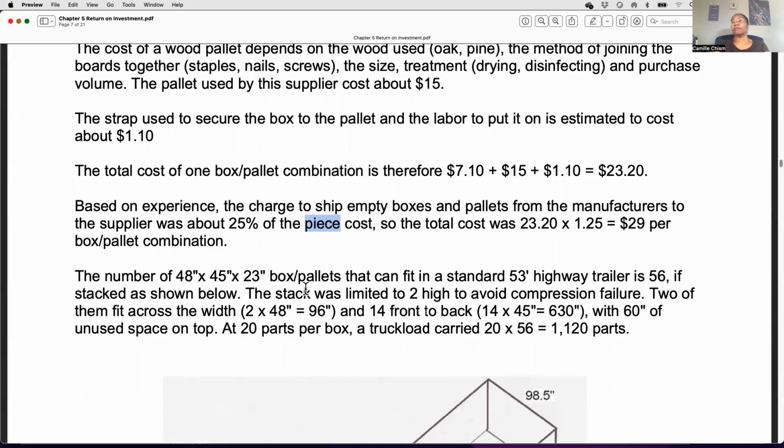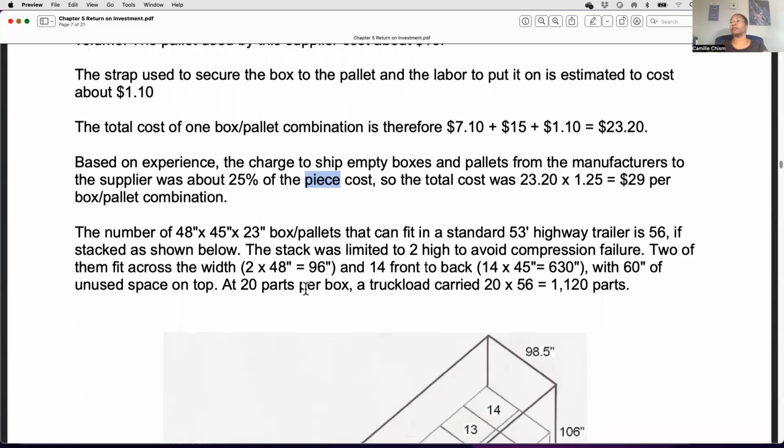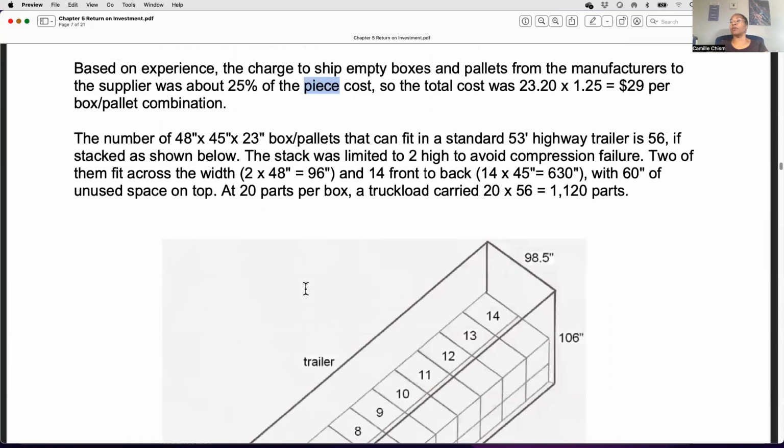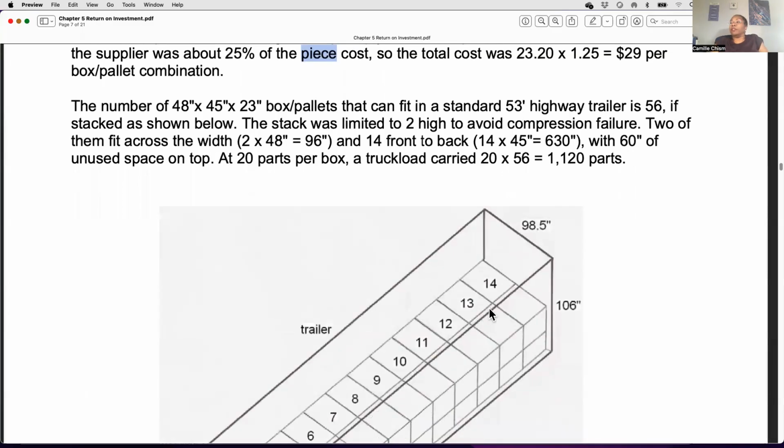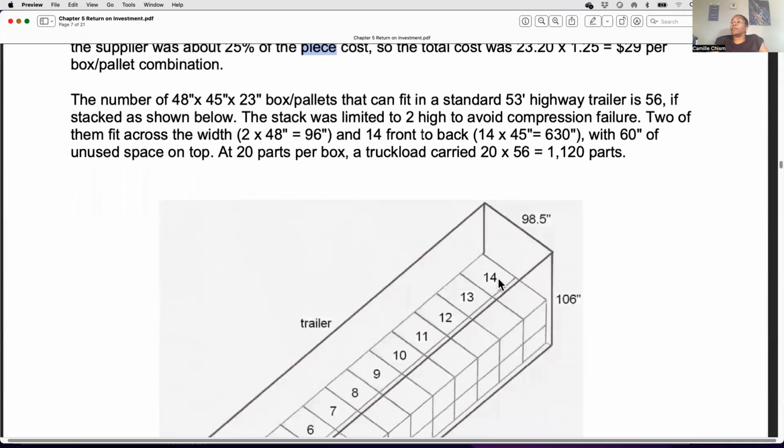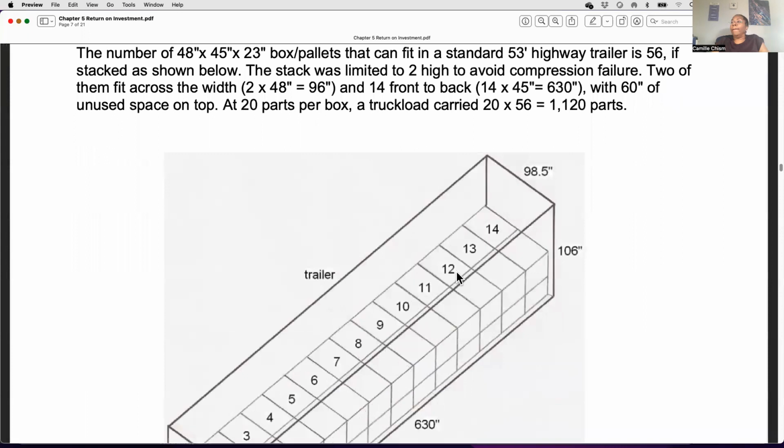Okay, so now we've gone back to the exercise we did, figuring out how many boxes or pallets can fit in a standard 53-foot trailer. So again, they figure out they can get 14 deep from front to back, and then they can get 2 across and 2 high.